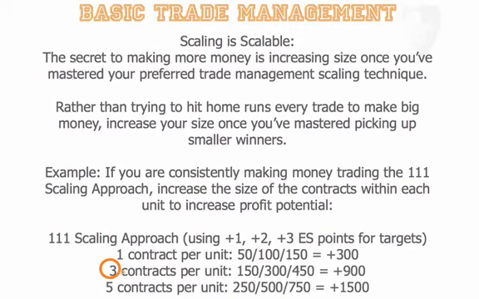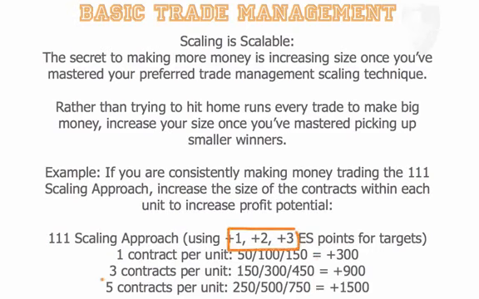Next time trade 3 contracts per unit, or 2 contracts per unit, or 5 contracts per unit. That's the goal. If you can consistently make those scales, 1, 2, 3, using 1 contract, all you have to do is increase the size because you are already programmed to make that trade over and over and over again.